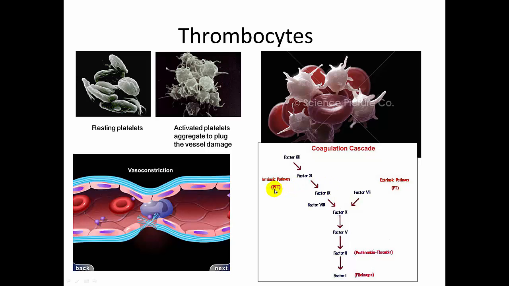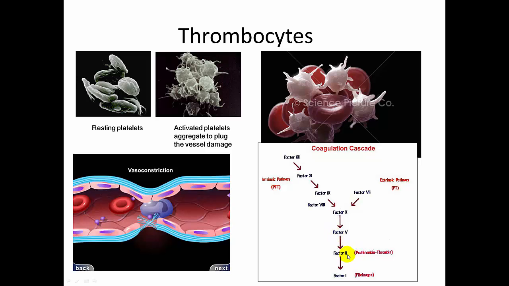And the intrinsic is the partial thromboplastin time, and that's how we evaluate it. And the extrinsic is the prothrombin time, which is how we evaluate it. So those are lab tests.